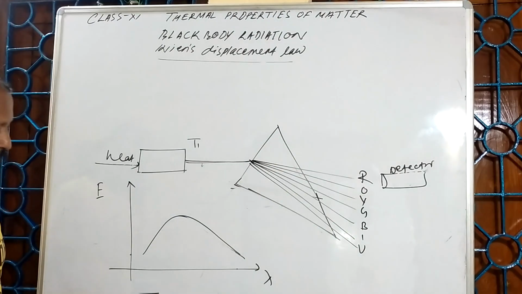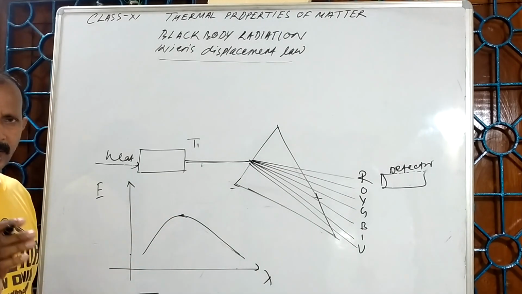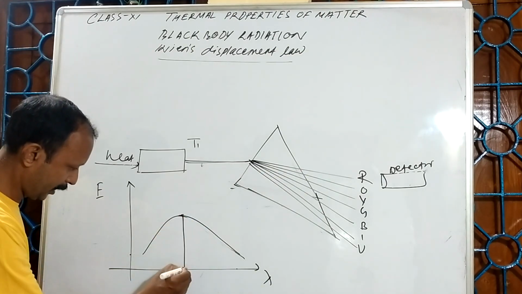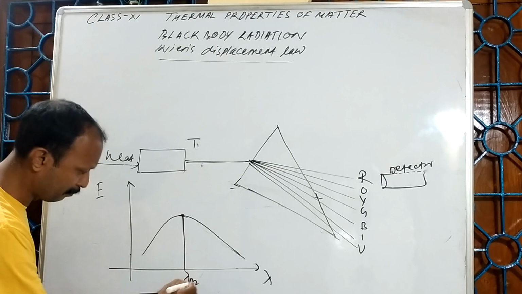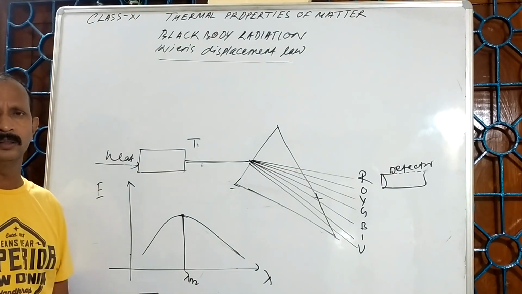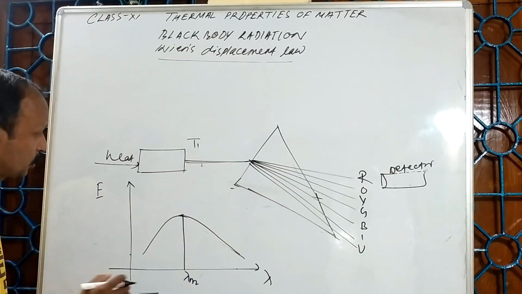Now, see, this is the point where the energy is maximum. So I can mention this is lambda m. Lambda m stands for the wavelength associated with the maximum energy.